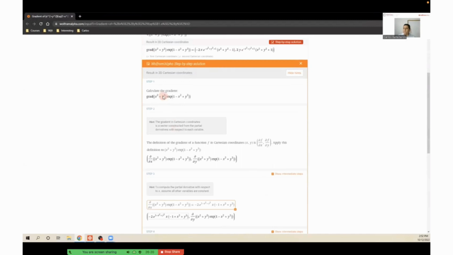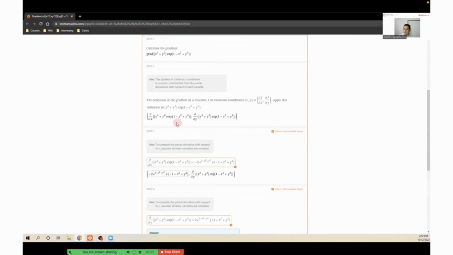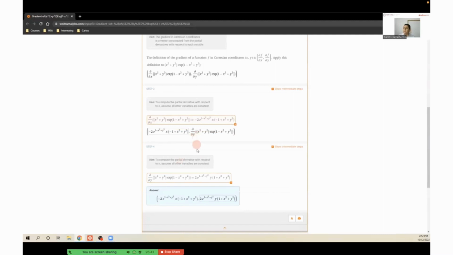the first step is the introduction, but the second step, I think, is the main step for this solution, because here we give the definition for gradient, and then you only need to calculate partial derivatives to construct the vector solution.